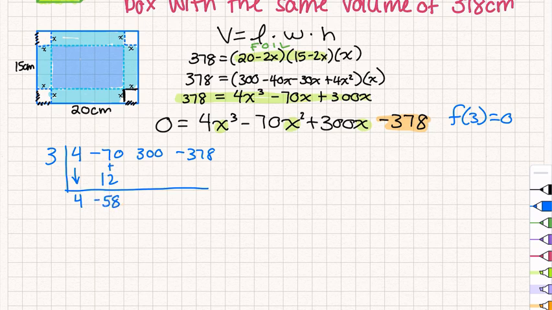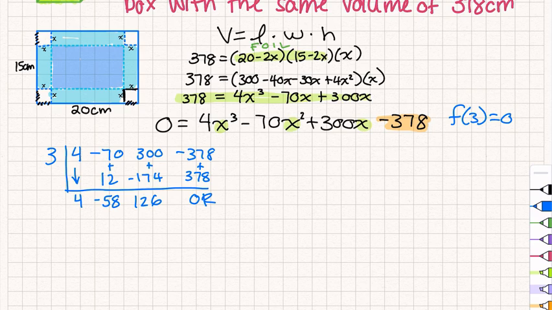Then we multiply 3 by negative 58, and we get 174. Then we add, and we get 126. Then we multiply 126 by 3, we get 378, and then 0, which is our remainder.